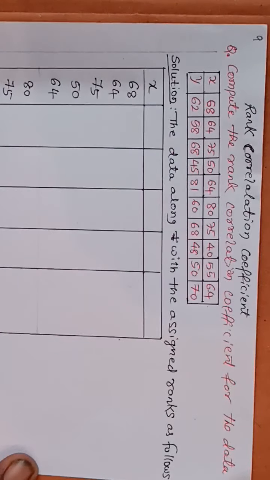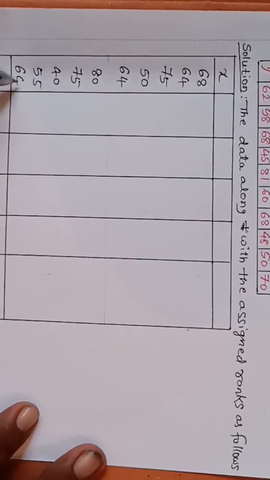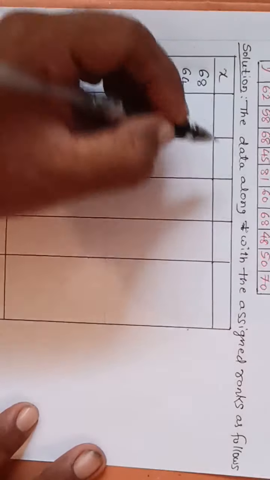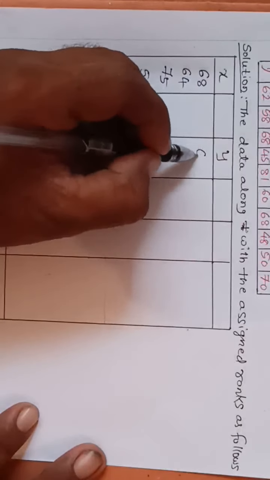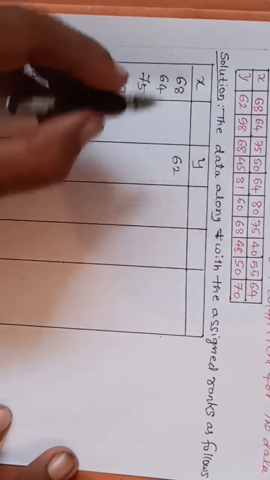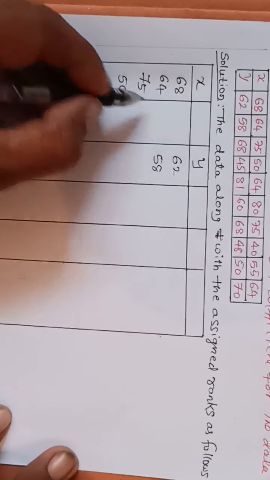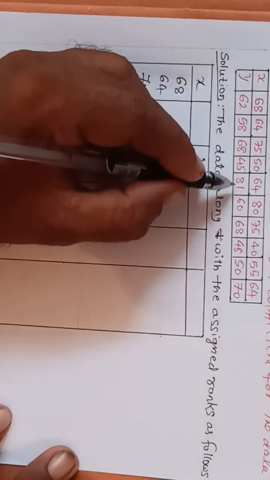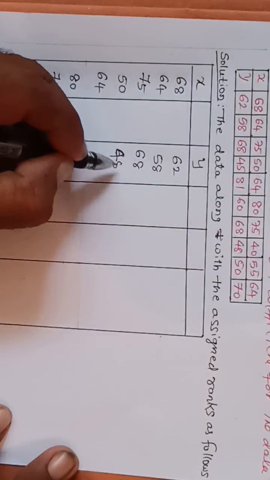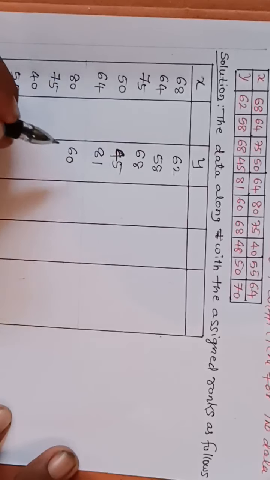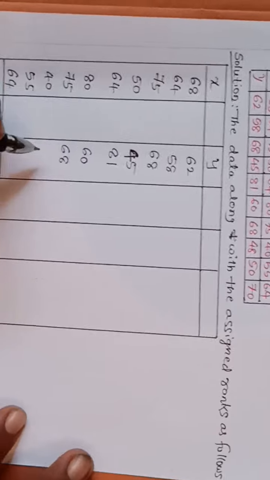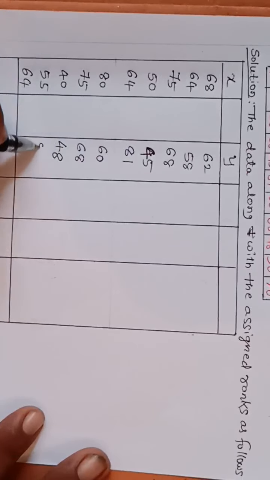Next, the values of Y, the magnitudes: 62, 58, 68, 45, 81, 60, 68, 48, 50, and the last one is 70.